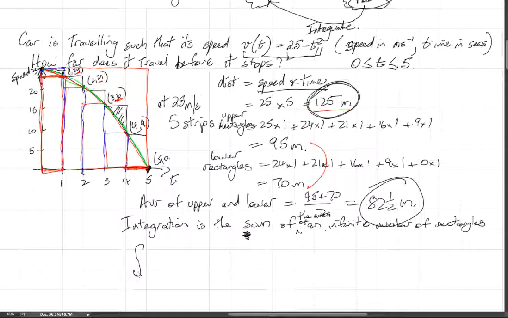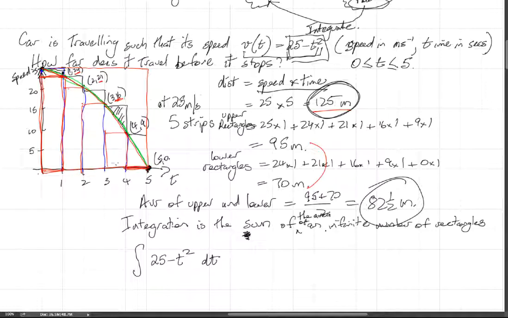So what we're going to do is integrate our function. Now, our function is 25 minus t squared. So we're integrating that with respect to time. So dt, just like we did dv dt, or ds dt or dy dx, we're going to integrate with respect to time.